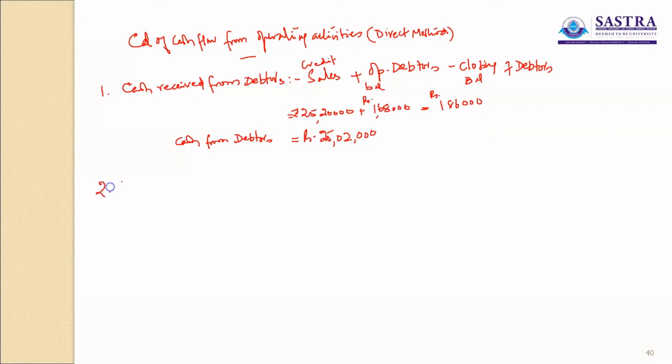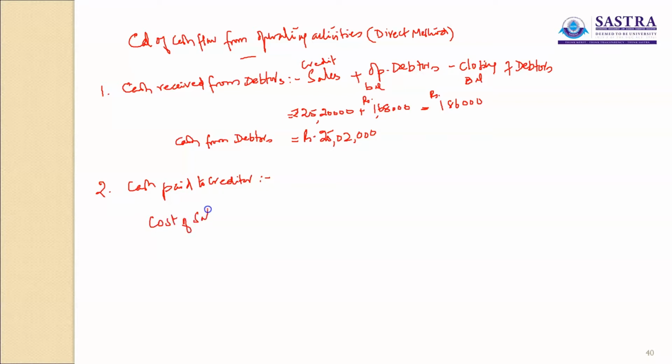Then we have to calculate cash paid to creditors. For this purpose, first we need to know the purchases. Purchases can be calculated using cost of goods sold or cost of sales.